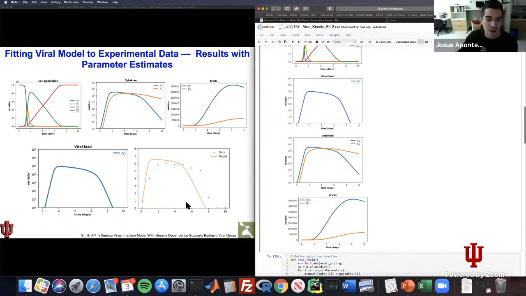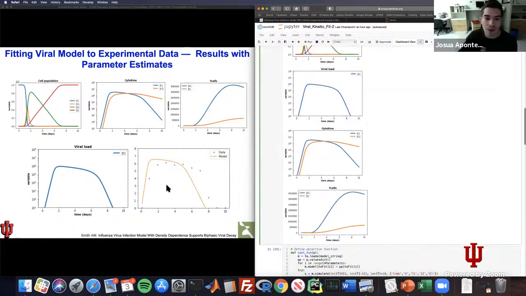It looks very different when you overlay them. But yeah, we're not terribly far off for considering that we were estimating these parameters.